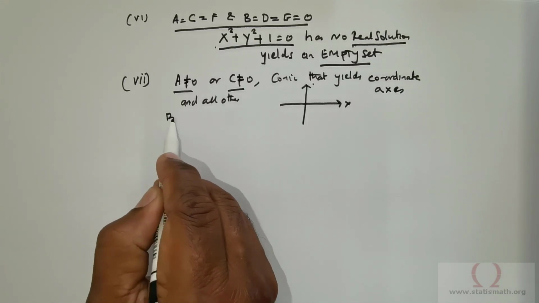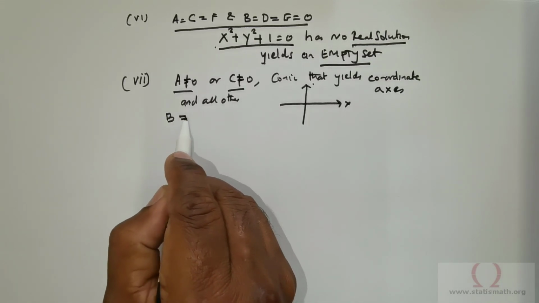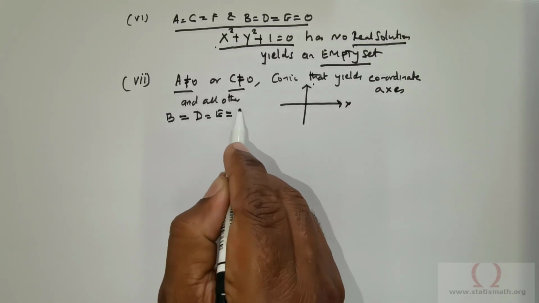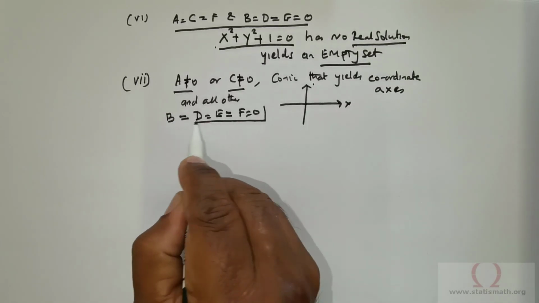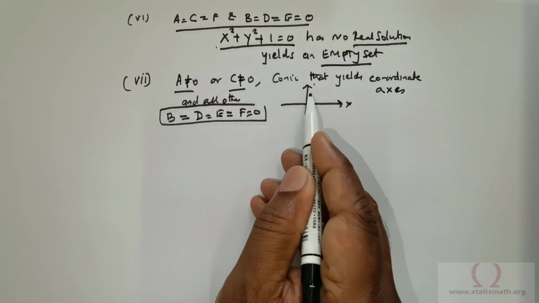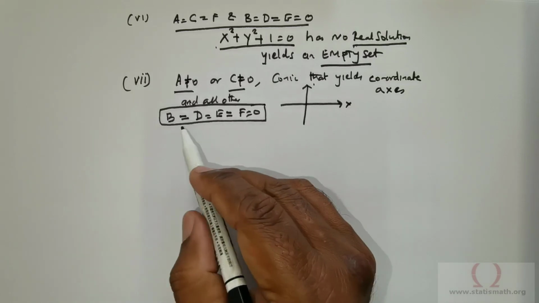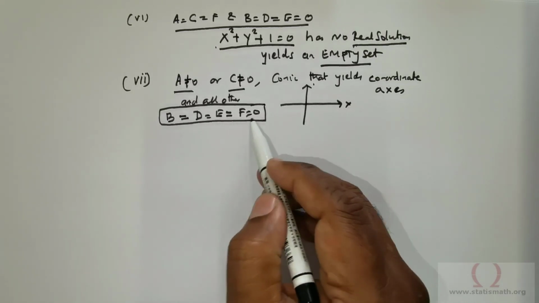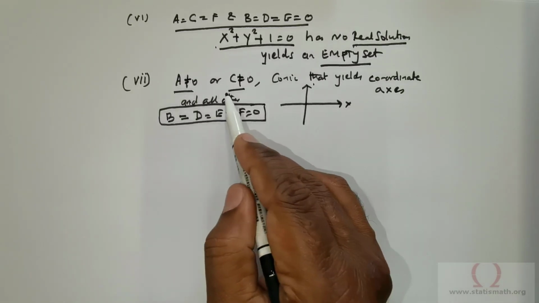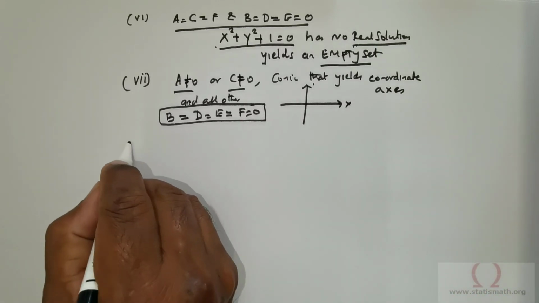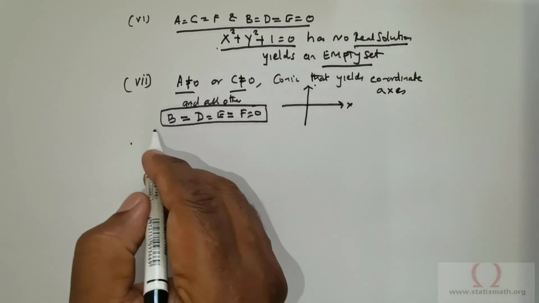That means B = 0, D = 0, E = 0, and F = 0. So to get the axis on the graphing calculator, you should ensure that B, D, E, F become 0 and that A or C is not equal to 0. This is just an illustration that I wish to state here, of why these conditions are required.